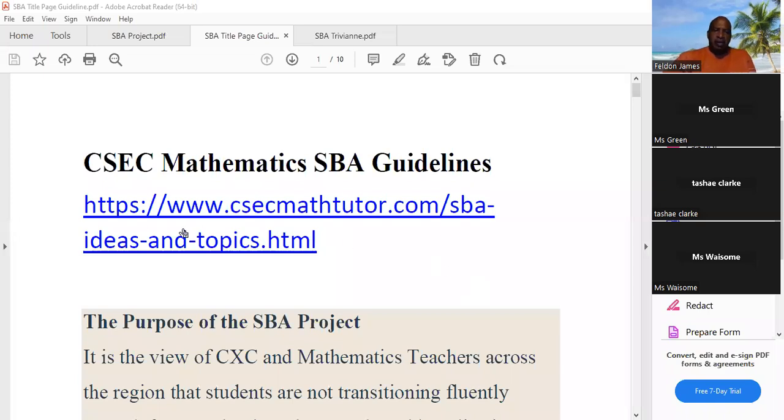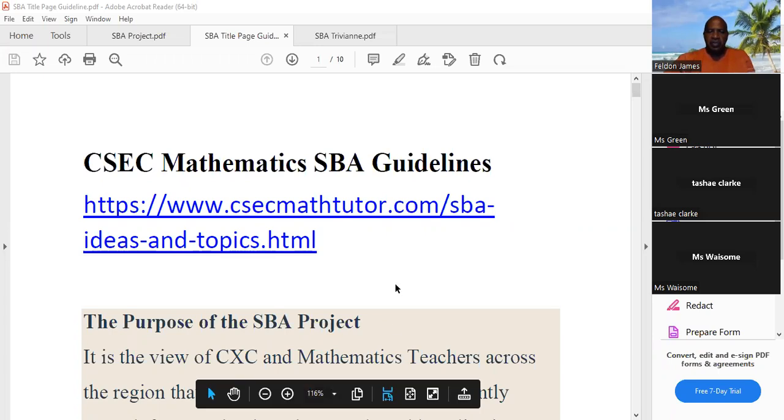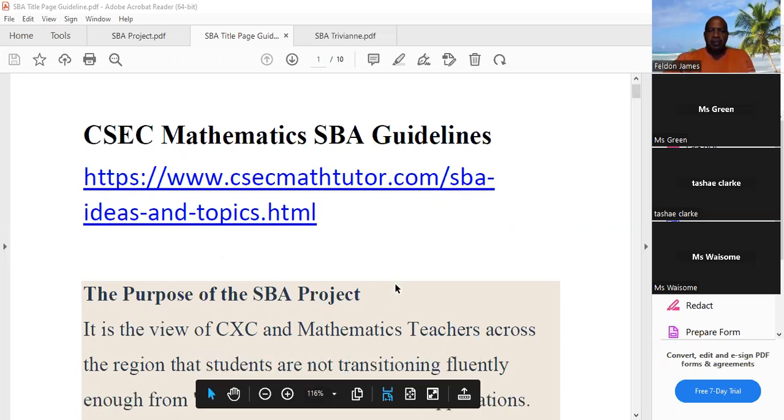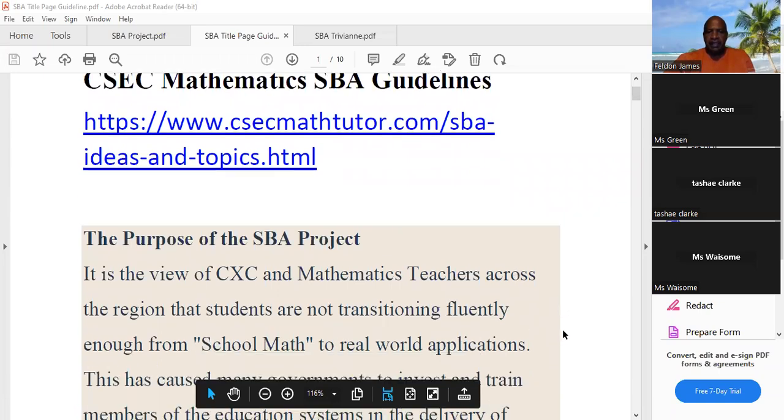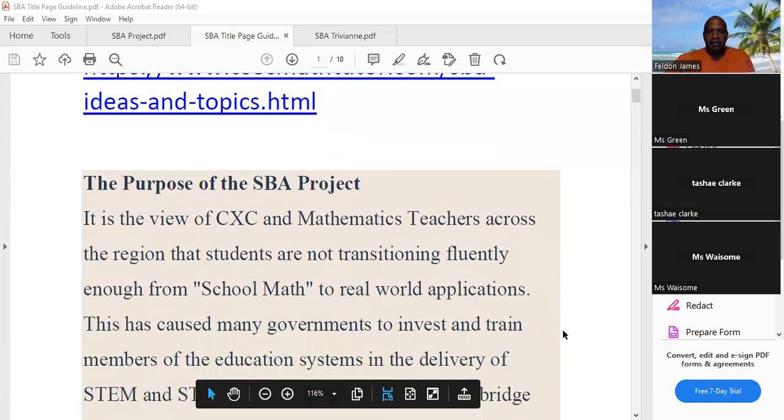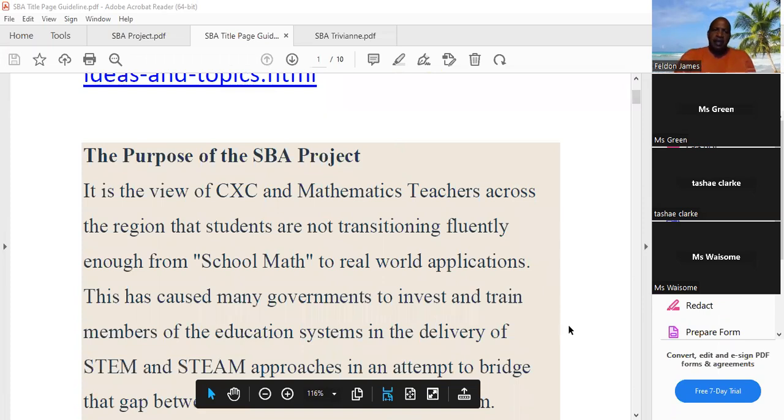So there is a link that you can go to find out more about SBA ideas and topics. So here, there's a link up here that you can use. Now, the purpose of the SBA project, all right? So we're going to start off looking here.